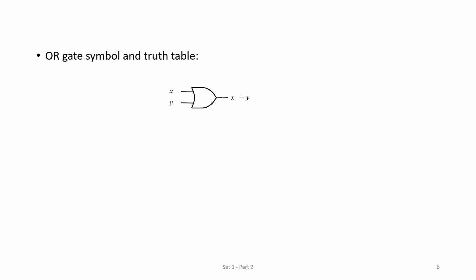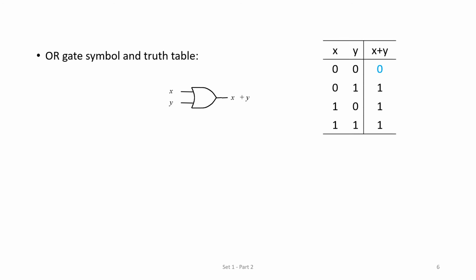Here you see symbol for two input OR gate. The inputs are X and Y, and the output is X plus Y. And the truth table of the OR gate is shown here. OR gate is kind of dual to AND gate we saw in the previous slide.